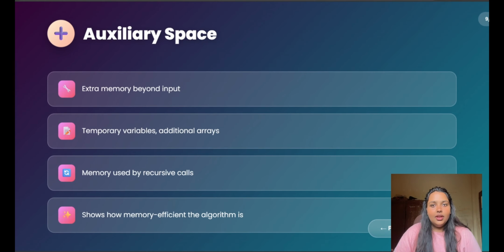When we talk about the total space complexity of an algorithm, we combine both input space and auxiliary space. In other words, total space complexity is the memory needed to store the input plus the extra memory the algorithm uses while processing that input.